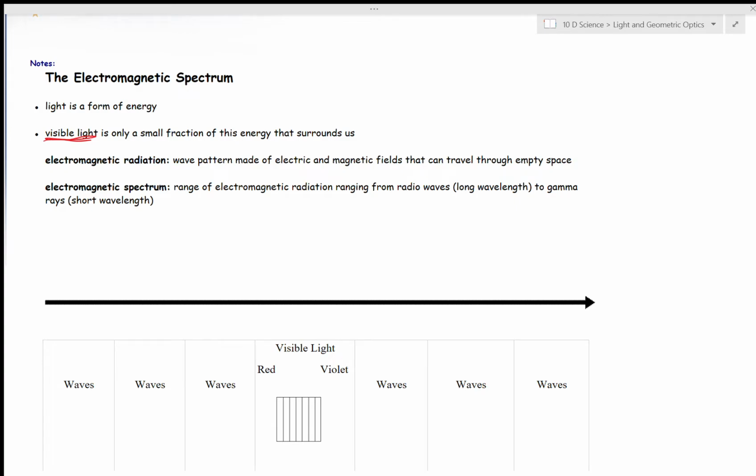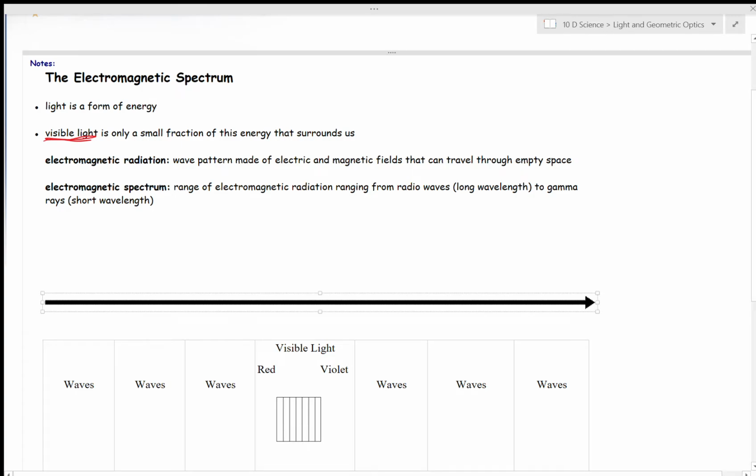The electromagnetic spectrum is the range of all of these different components. It ranges from very large wavelengths all the way down to very small wavelengths, but we'll fill that out as we go. So this here that I have below is the electromagnetic spectrum.